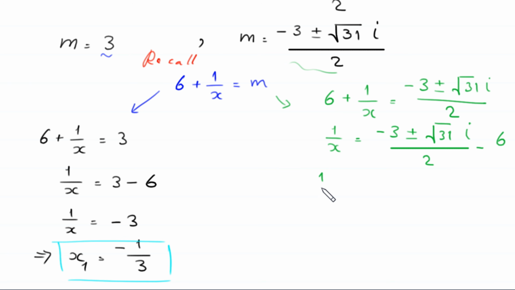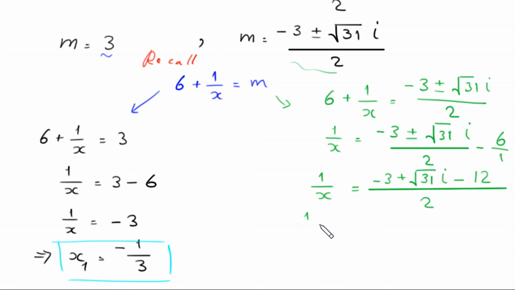Next, 1 over x is equal to, we can write the denominator of this 6 as 1, and we take LCM of this 2 and this 1. LCM of 2 and 1 is 2, so this expression will come here, negative 3 plus minus root 31i, minus this 2 divided by 1, 2 times this 6, negative 12.